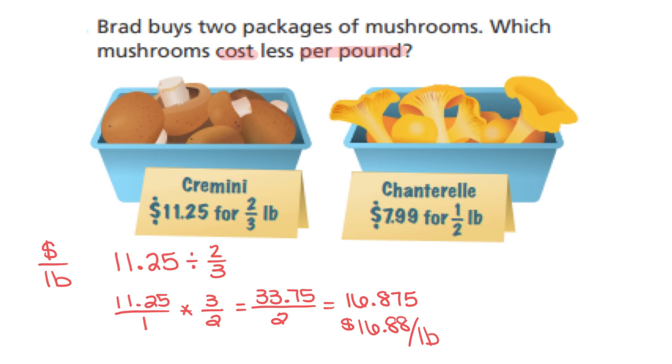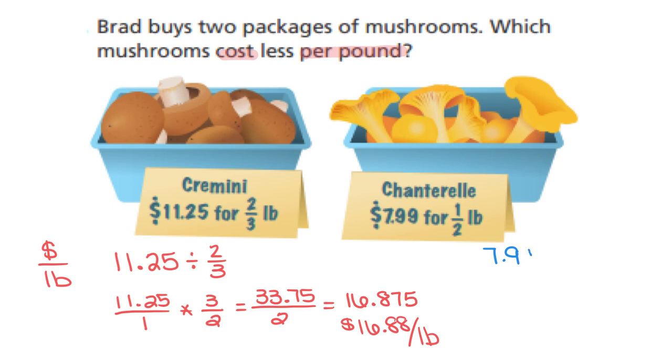Okay. All right, the next one, we're going to do the pretty little flowery looking mushrooms. They are $7.99 for half a pound. Stay fractions. Just keep the practice going. I agree with you, but let's just keep the practice going.